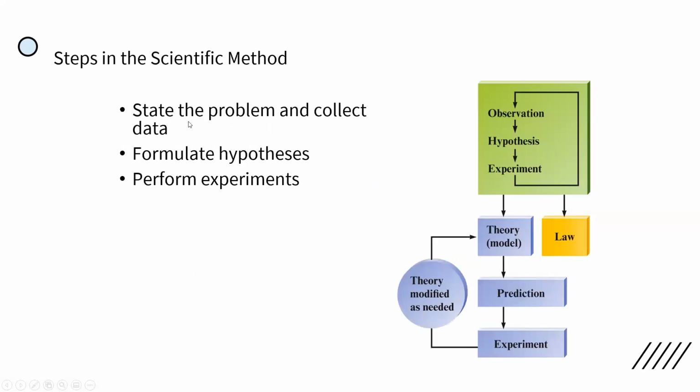The steps of the scientific method are: first, state the problem and collect data. Formulate the hypothesis and perform experiments. If the experiment says that your observation can be explained by the hypothesis that you have proposed, then you can get a model that can be a law, for example.